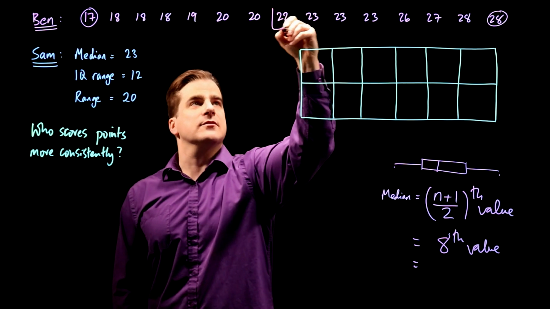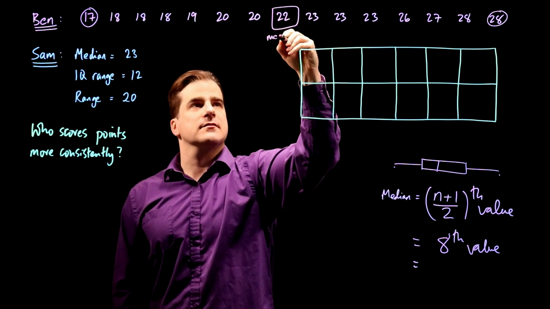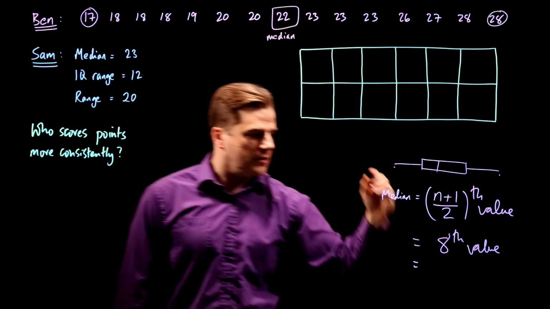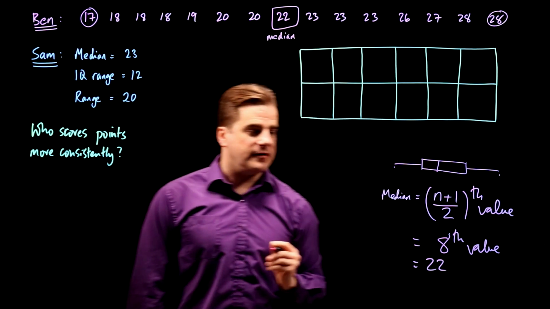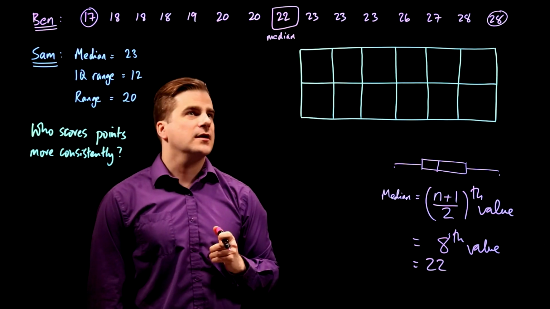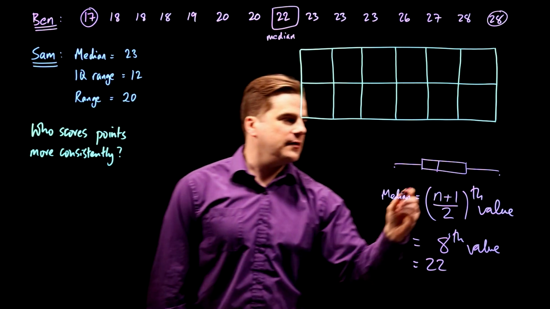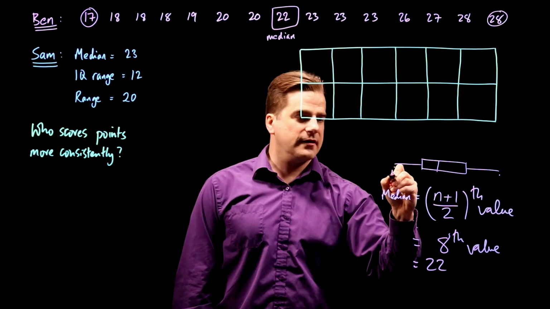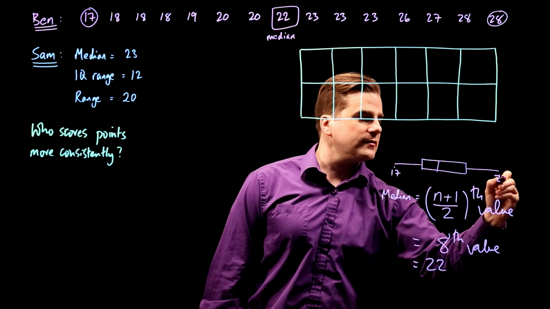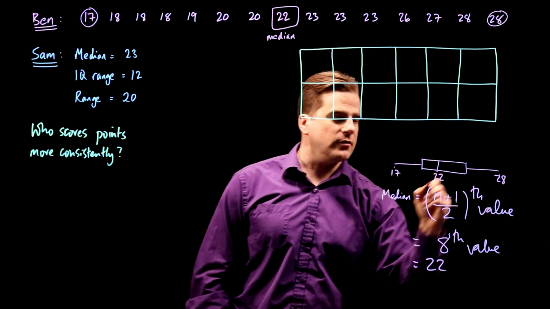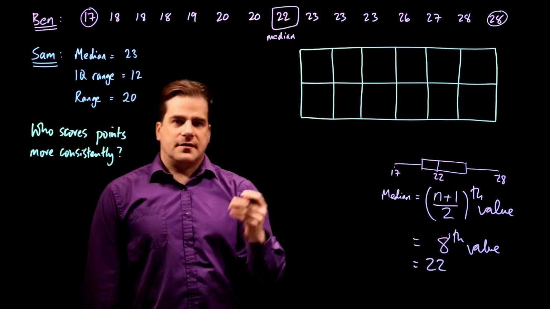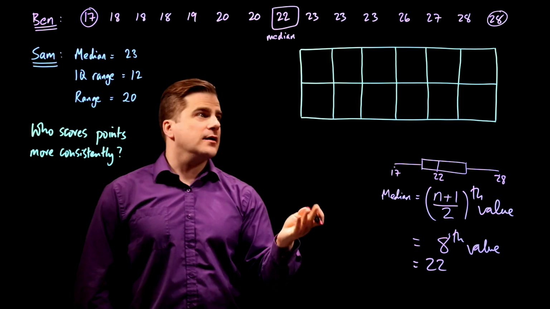It's 22. Okay, that's the median. So the median is 22. Good. So that's 17, that's 28. Median is 22. It's the middle value, the median, okay?